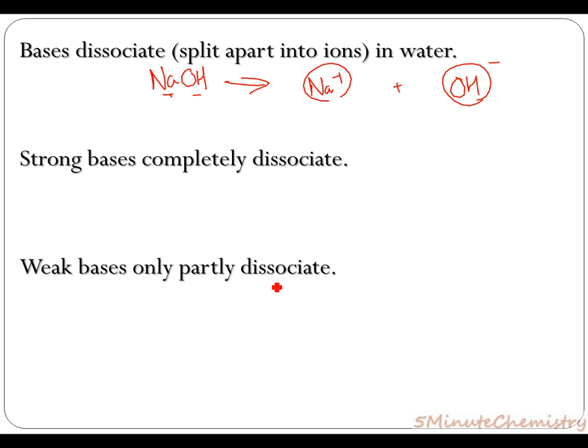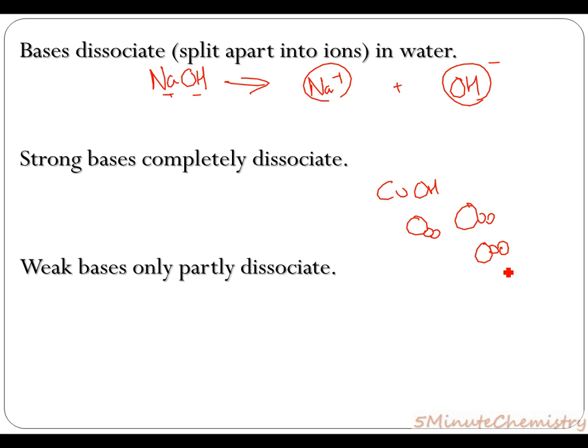They only partly break apart. So if we're talking about a weak base, let's say copper 1 hydroxide, CuOH. What will happen here is, if you can imagine my copper and the hydroxide that it's attached to, copper and the hydroxide it's attached to, copper and the hydroxide.